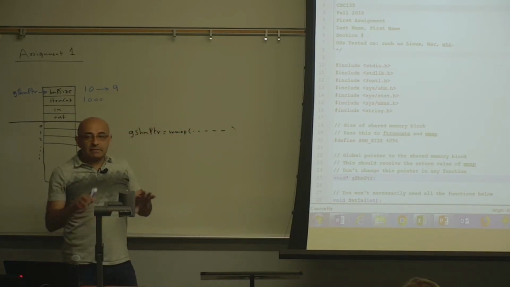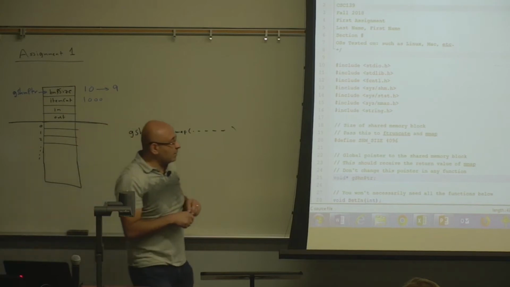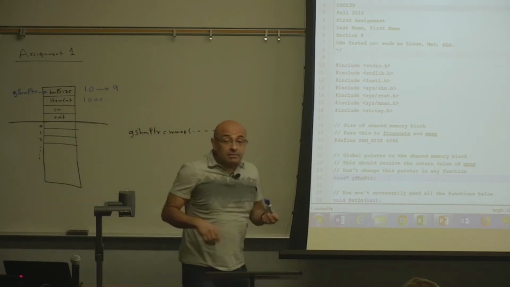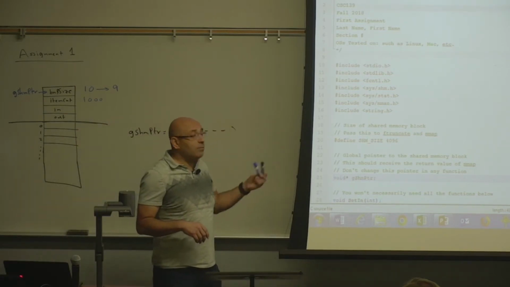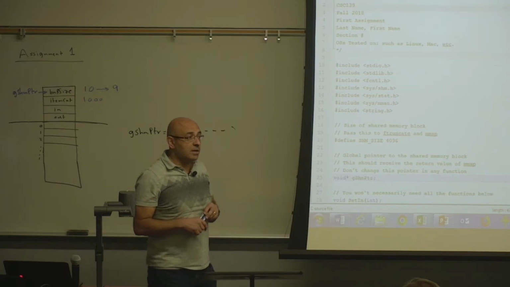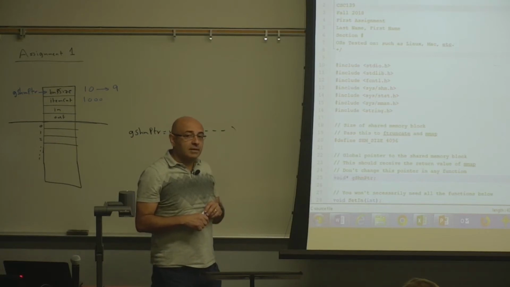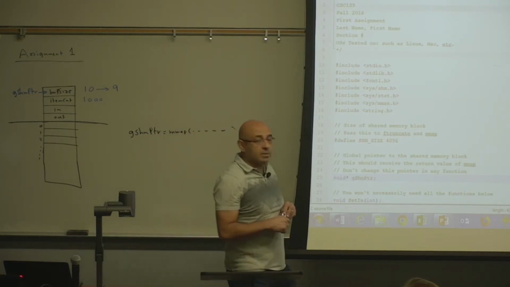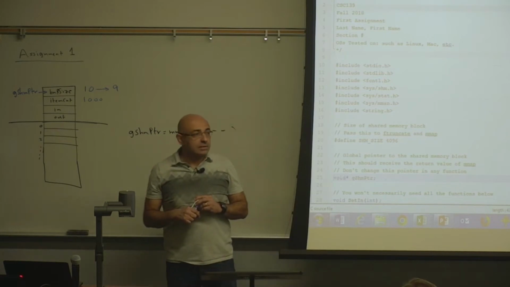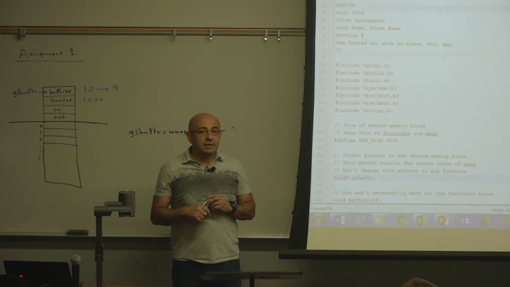So it has absolutely no idea about variable names. But then how can we make the producer and the consumer map the same object? How do we tell the operating system to map the producer and the consumer to the same object? They both have to know the same address.